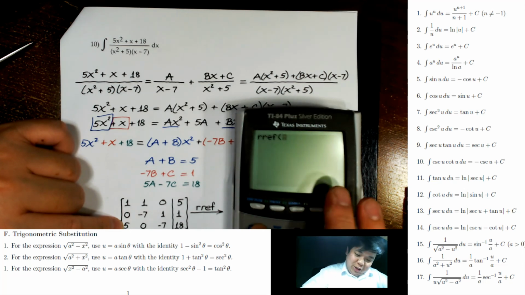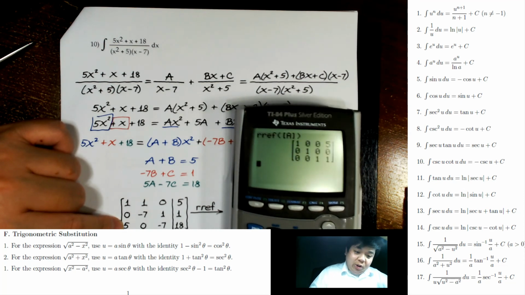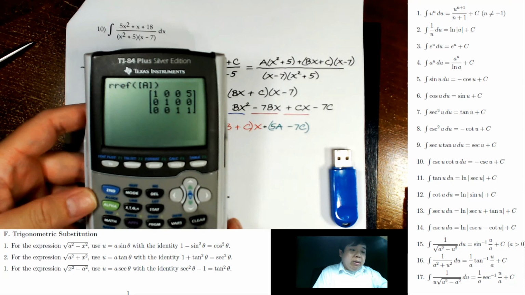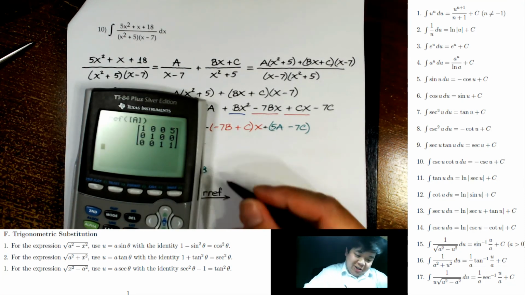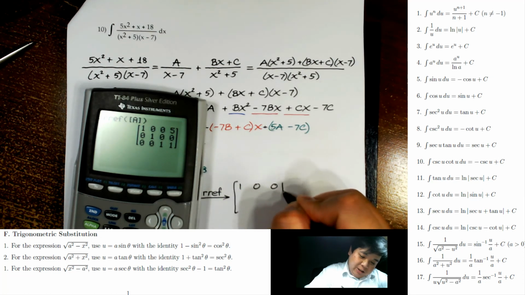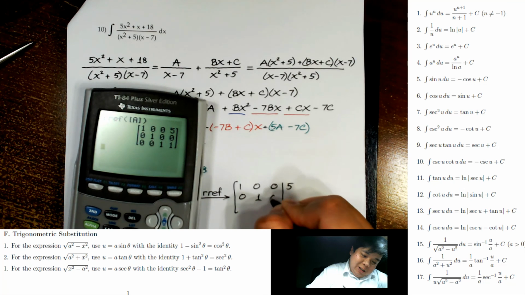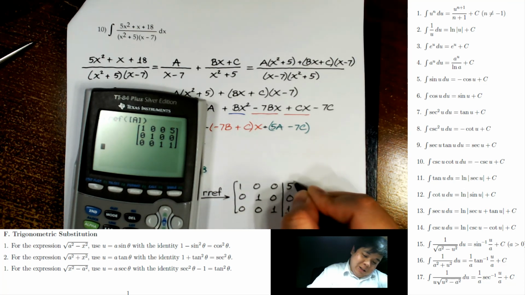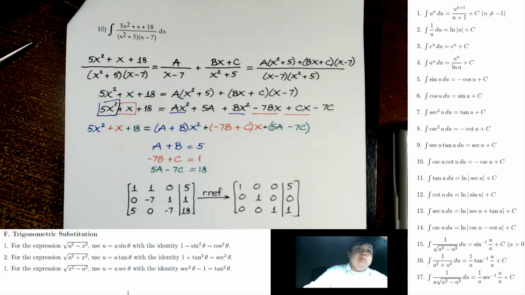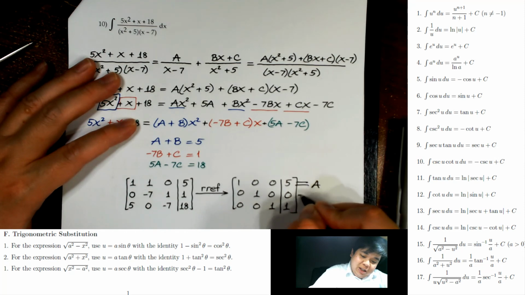Yes, I had to do this before to make sure the numbers work out perfectly. I don't want to deal with fractions on this one. Anyway, yeah, much better. So obviously this is going to be A, this is B, and this is going to be C.